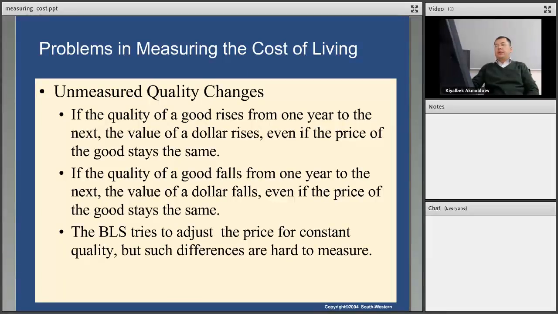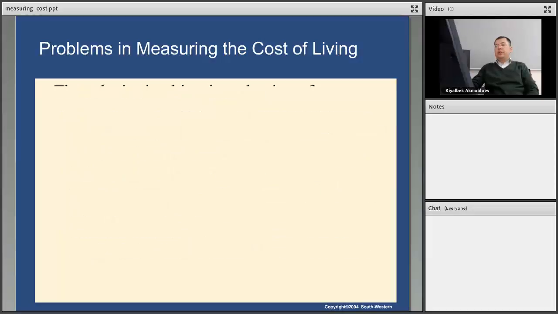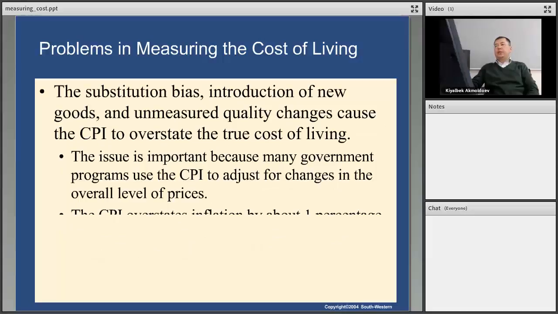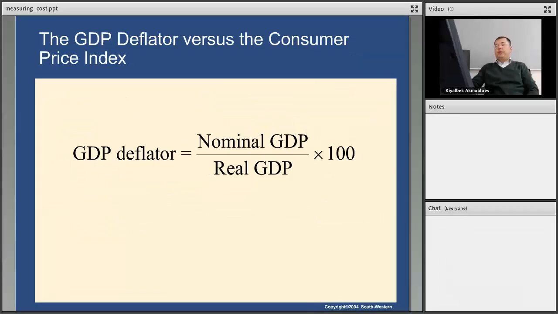The statistical committee tries to adjust the price for constant quality, but such differences are hard to measure. Because of substitution bias, introduction of new goods, and unmeasured quality change, the CPI overstates the true cost of living. The issue is important because many government programs use CPI for adjusting for changes in the overall level of prices. The CPI overstates inflation by 1% per year.